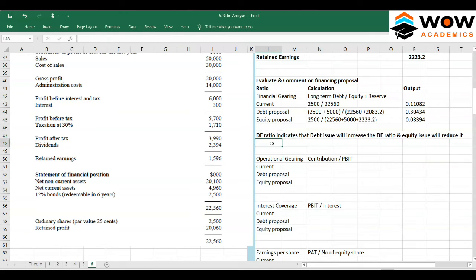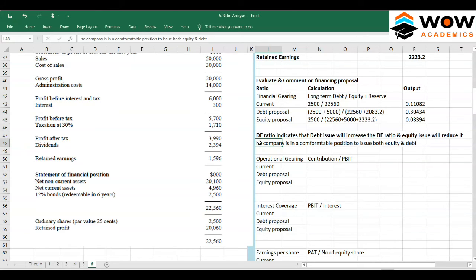Okay, so the company is in a comfortable position to issue both equity and debt.